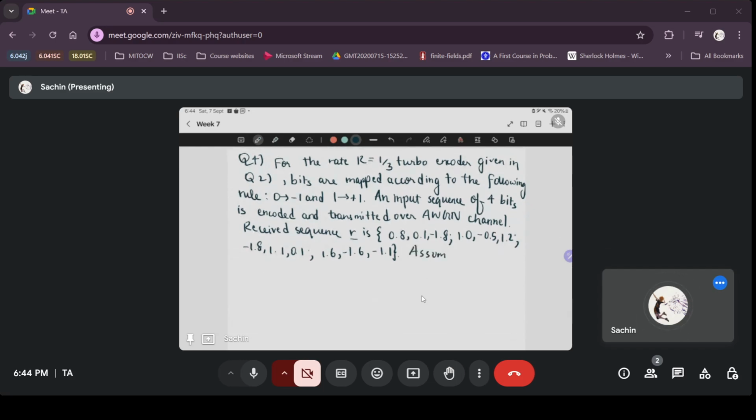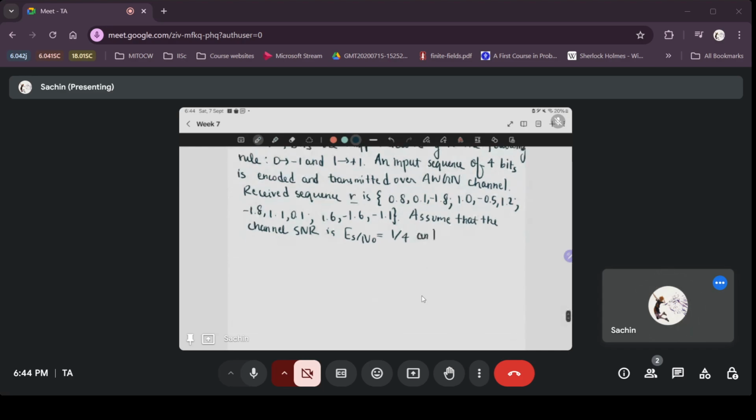Assume that the channel SNR, Es over N naught, is 1 over 4, and initially the encoder was in the all zero state.